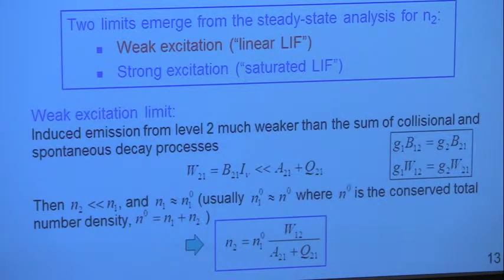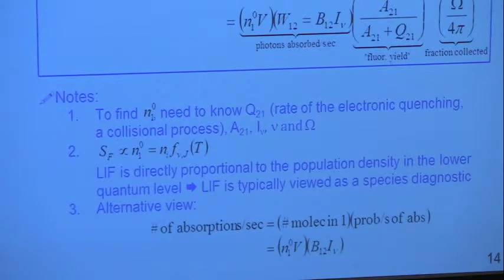And this will apply as long as W12 is small compared to this. Of course, if W12 is small, that means our signal is going to be small. So now, my signal is related to this, and I can get what I want if I know these numbers. We know A, that's just the Einstein coefficient. W12 and Q21 are the remaining problems.